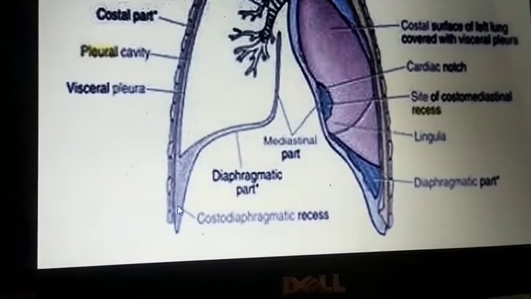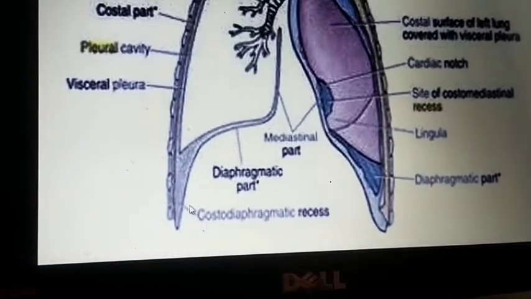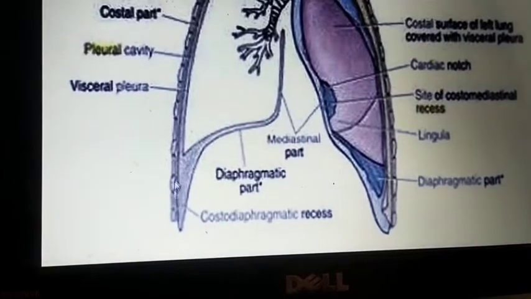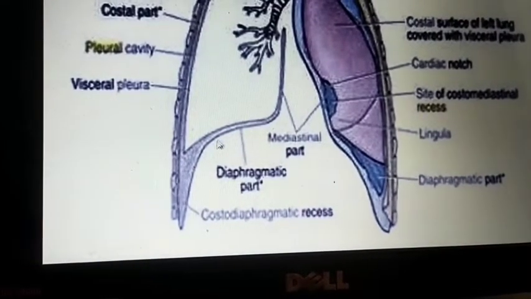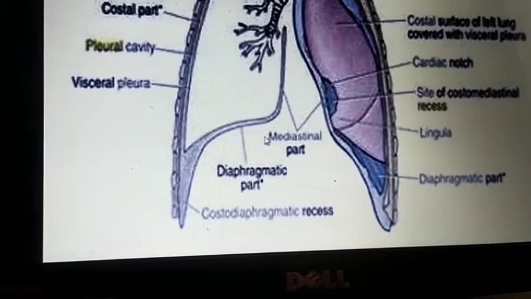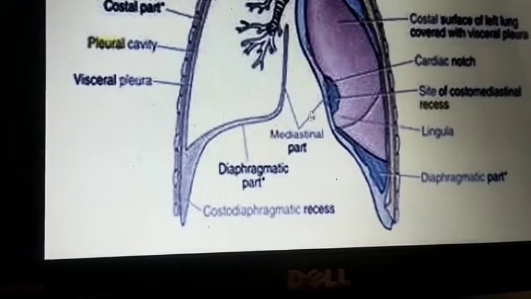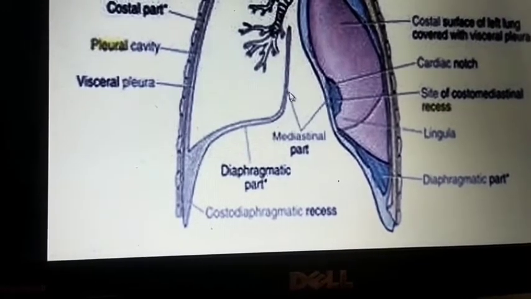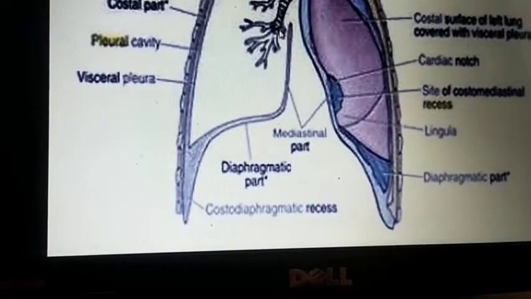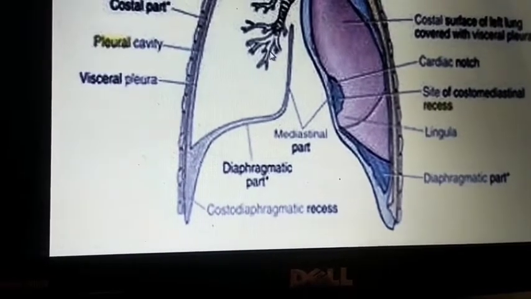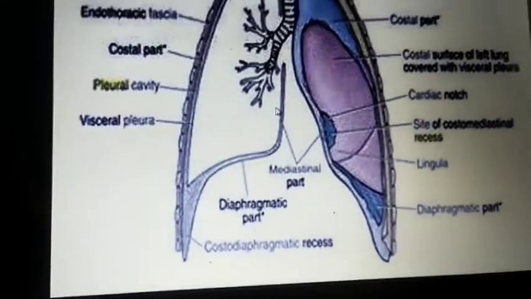This recess or gap is present between the costal part and the diaphragm, that's why it is costodiaphragmatic. Another is the diaphragmatic part of the pleura. And this is the mediastinal part of the pleura, because it is present towards the mediastinum and covers some part of it, just lateral to the mediastinum.